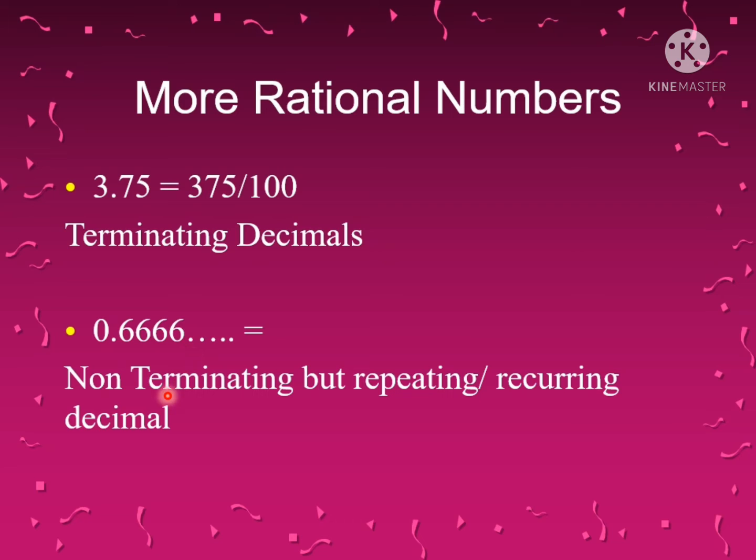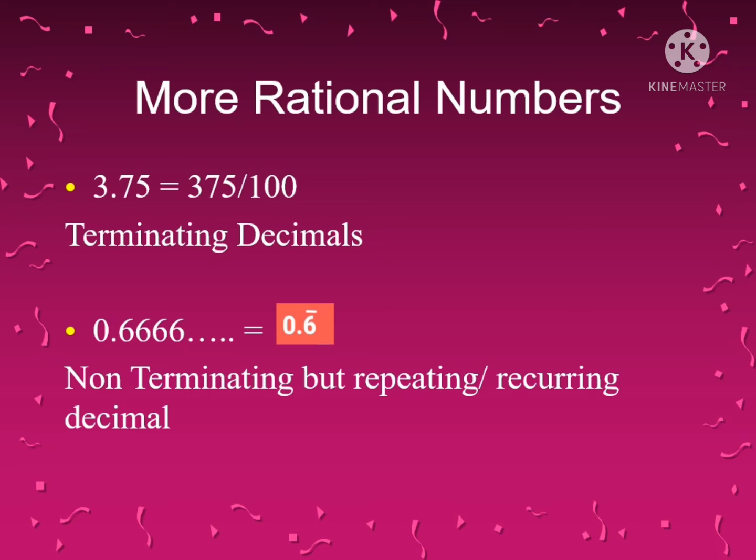These are non-terminating but repeating decimals, and yes, they are also rational numbers. 0.6666 can also be written as 0.6 bar. How we express it in the form of a rational number, I will explain in the next videos. So up to here you should understand that terminating decimal numbers are rational numbers, and non-terminating but repeating decimals are also rational numbers.